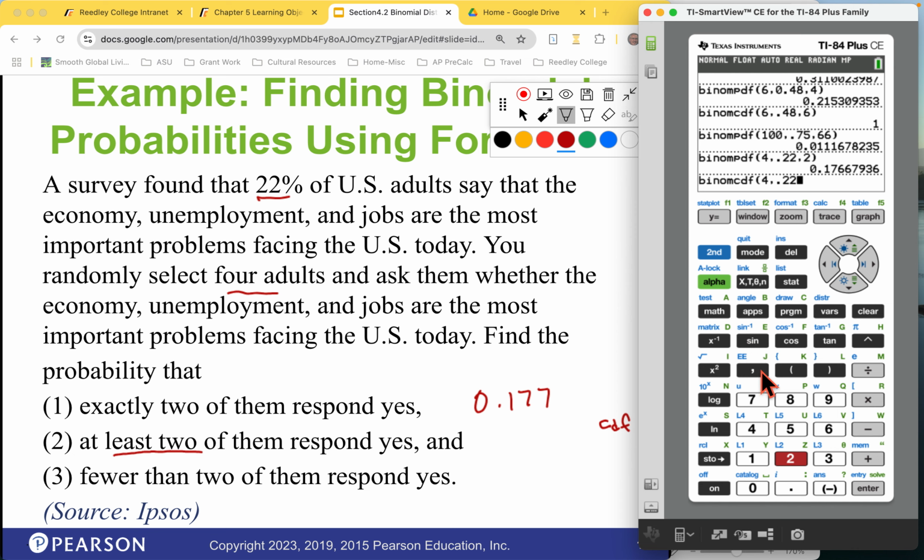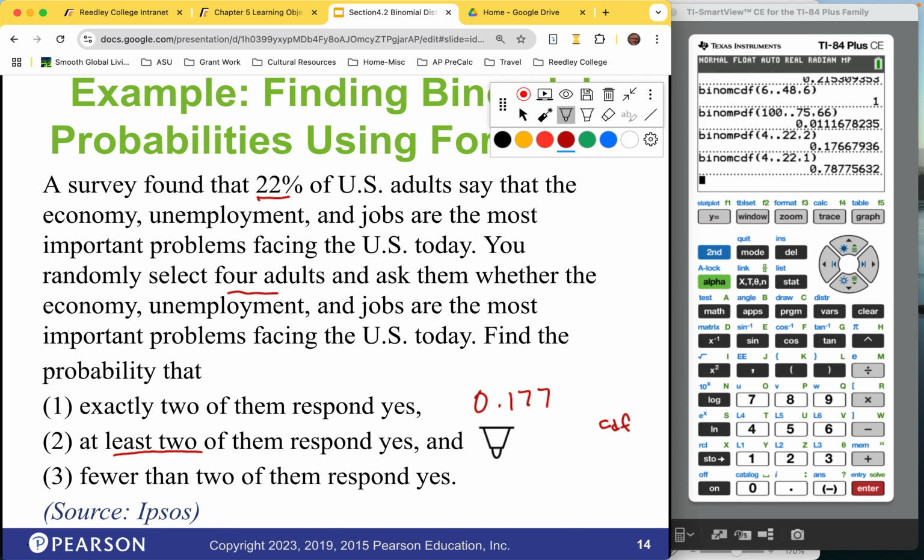And since it's the cumulative, we want to put in 1. So this is going to give us 1 and 0 added together, 0.7877. And then we have to do a little calculation, 1 minus 0.78.